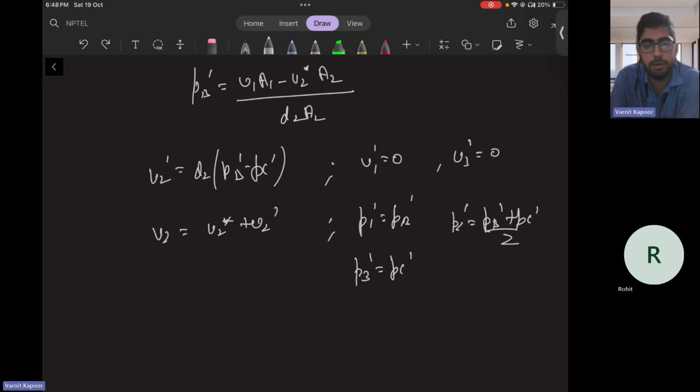So essentially, we are talking about U1 A1 equals P1 minus PB plus P1.